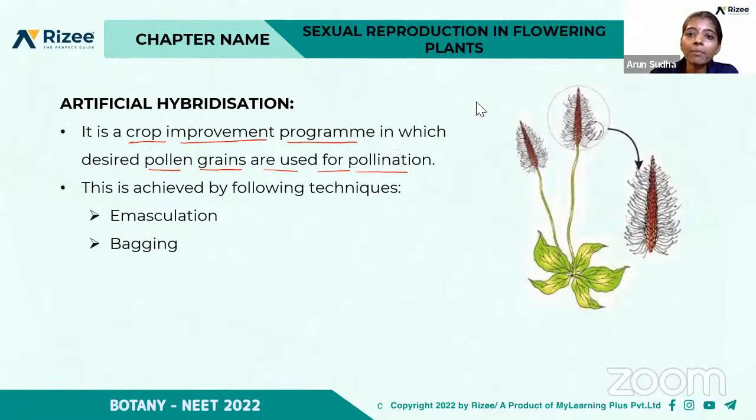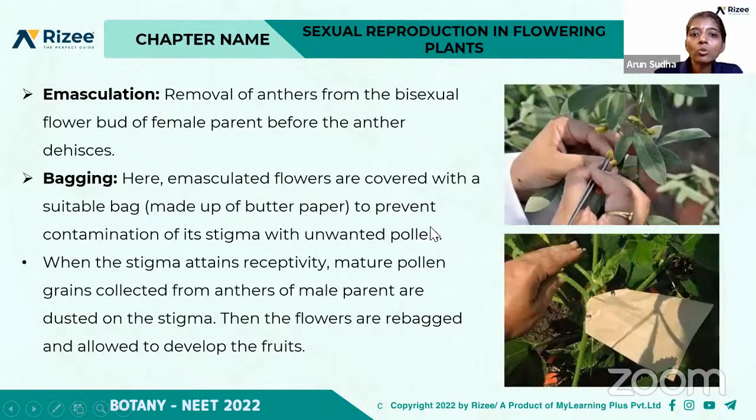That is by emasculation and bagging. So what do we mean by emasculation? Emasculation is the removal of anthers from the bisexual flower bud. We saw about bisexual, monoecious, dioecious, everything, right?